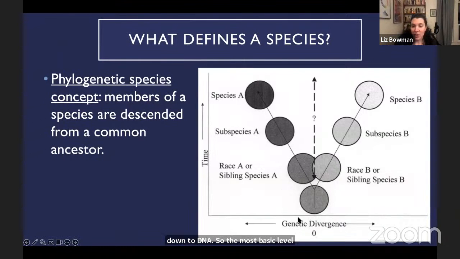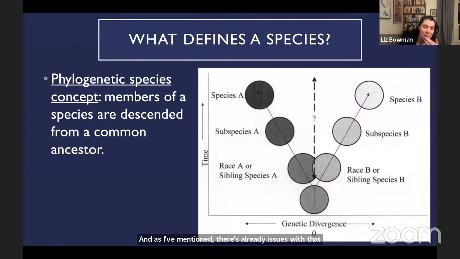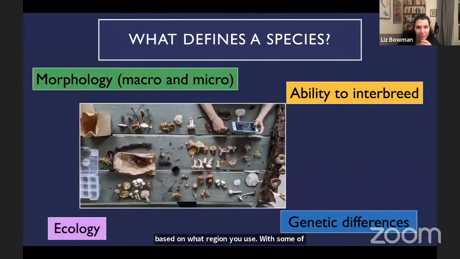It's thought that with time, you'll have separation of genetic code and more mutations that are different between them, and so they'll separate into different species. As I've mentioned, there are already issues with that based on what region you use. With some of them, you can't really tell a difference.